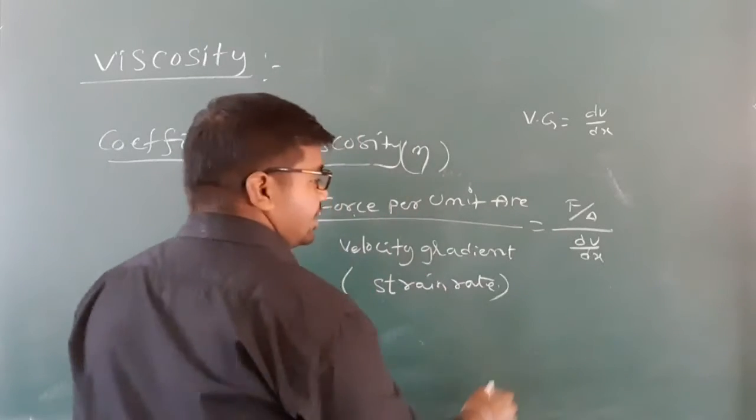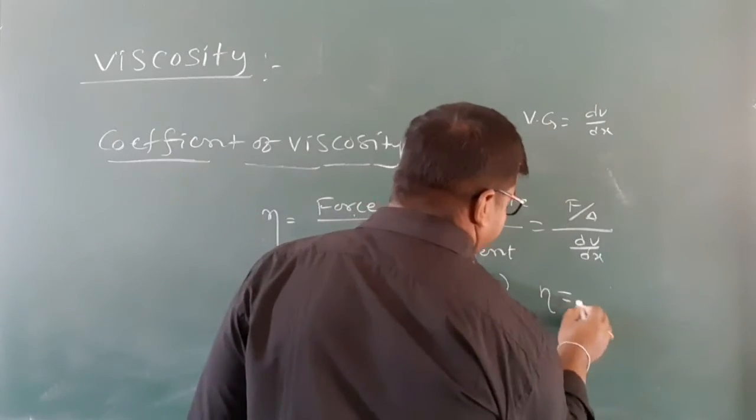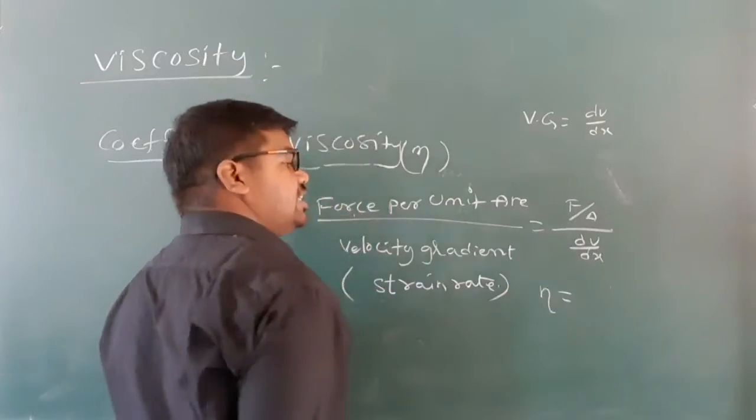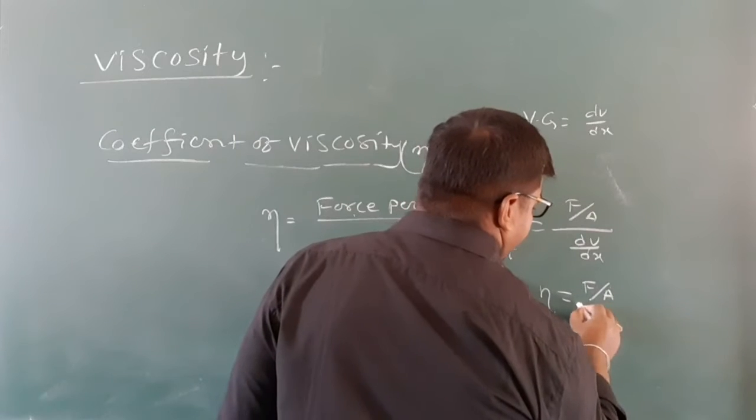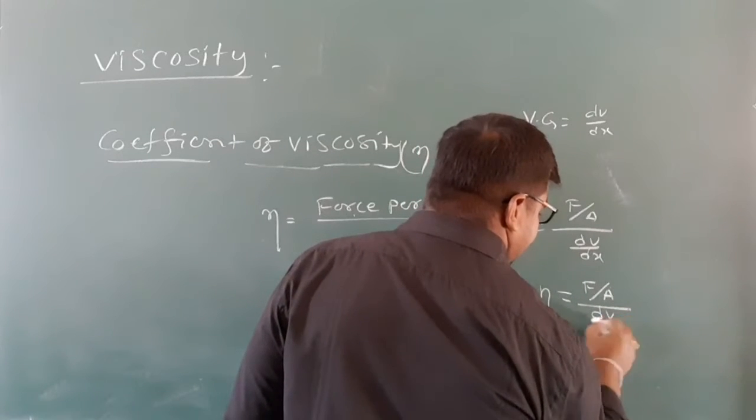Finally, coefficient of viscosity is denoted eta. Eta is equal to force per unit area to the velocity gradient.